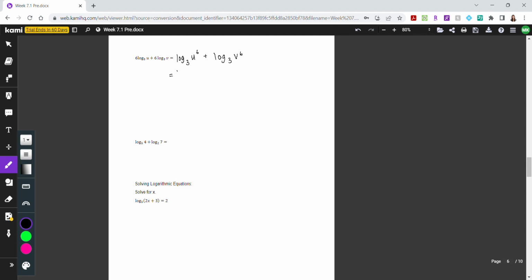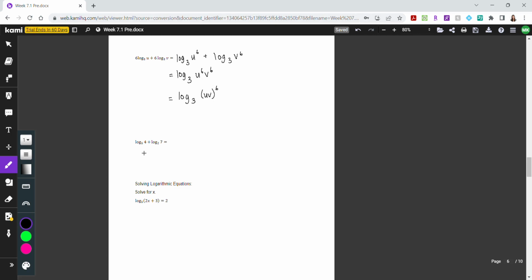So I'm going to get log base 3 u^6 v^6. We can leave the final answer like this, or because I know that these two exponents are the same, I can also write it as this, log base 3 (uv) to the power of 6. All right? So if you write it as either or, this will be correct.